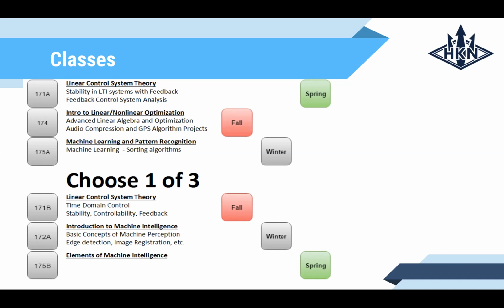ECE 175A teaches statistical learning, so some basic machine learning techniques. This is kind of like the old-fashioned machine learning techniques, something like k-means or SVM. This was the first time you learn about machine learning algorithms.